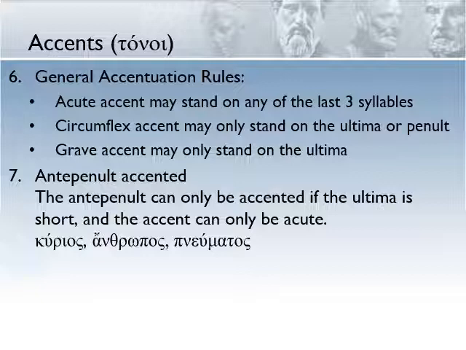The third example, the letters pi, nu, epsilon, upsilon, mu, alpha, tau, omicron, sigma. I think I said eta when I meant epsilon. My error.